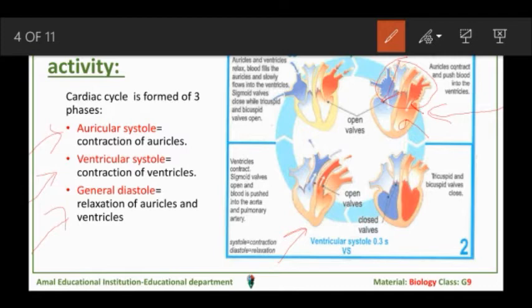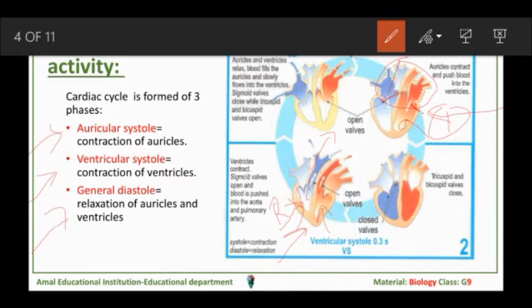As I said in the previous slide, from the right ventricle the blood moves toward the lungs through the pulmonary artery, and from the left ventricle to the body organs through the aorta. So I will repeat. First, number 1, the blood is pushed from auricles to ventricles. This is auricular systole, phase 1. It's done.